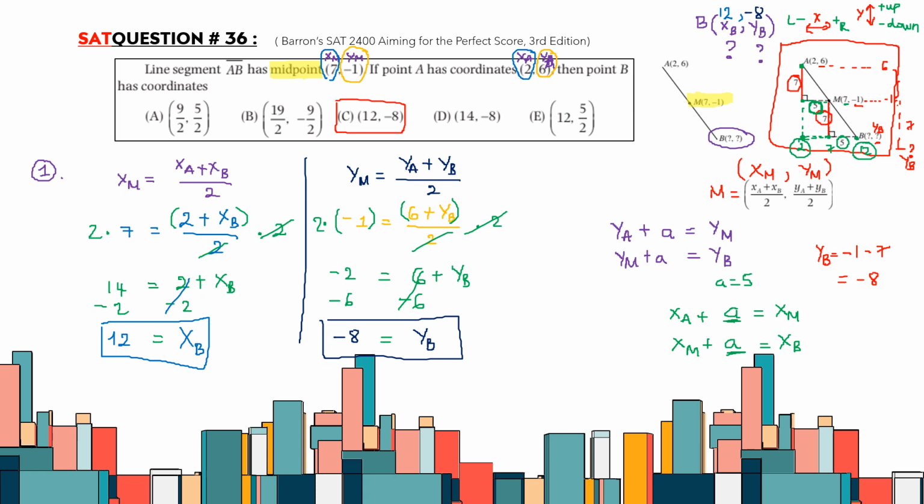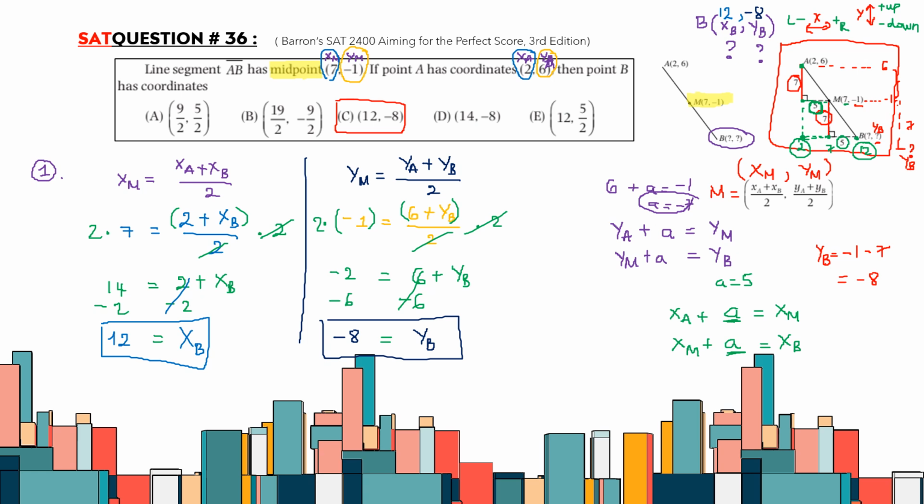Now for A, you move down, from 6 to negative 1. So you find A: 6 plus A equals negative 1, so A equals negative 7. In this case, A equals negative 7. So how do we find A equals 5 when x sub A plus A equals x sub M?